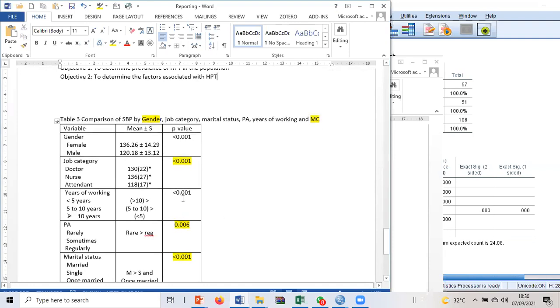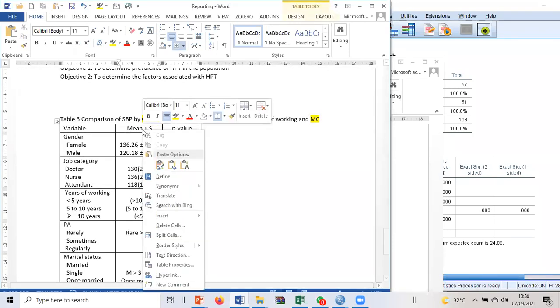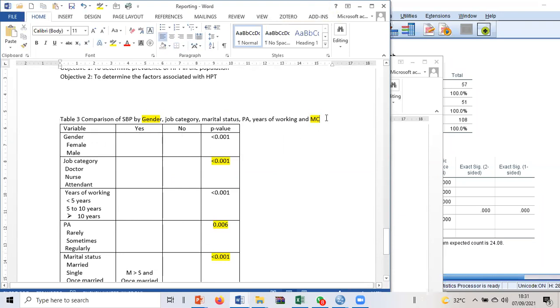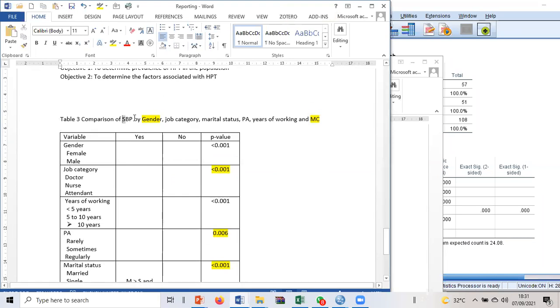Okay, so here we add one more column. So this will be yes, it will be no, and that's a p-value. So you want to say among the male, female, how many percent are hypertensive and so on. So title will be comparison of hypertension by all these variables.